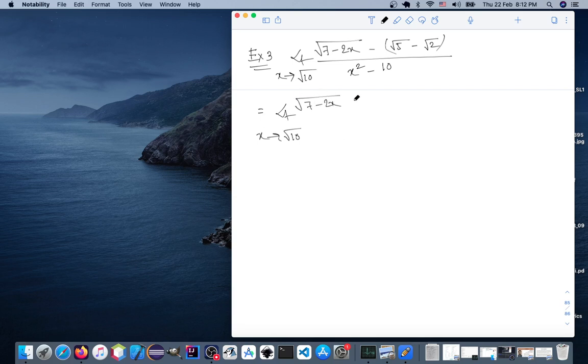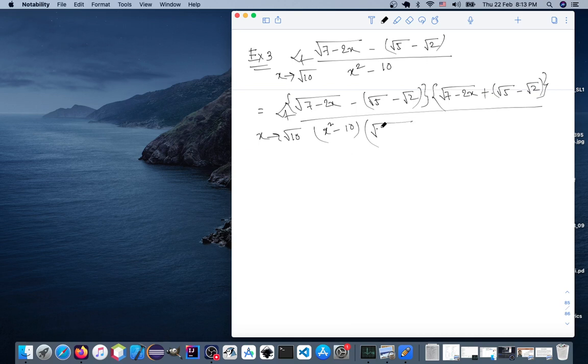7 minus 2x minus root 5 minus root 2, times 7 minus 2x plus root 5 minus root 2, and over here we have x square minus 10, and we have to adjust the 7 minus 2x plus root 5 minus root 2.